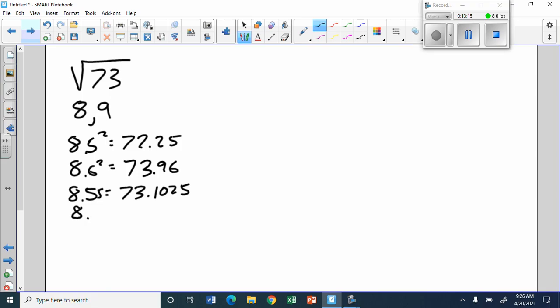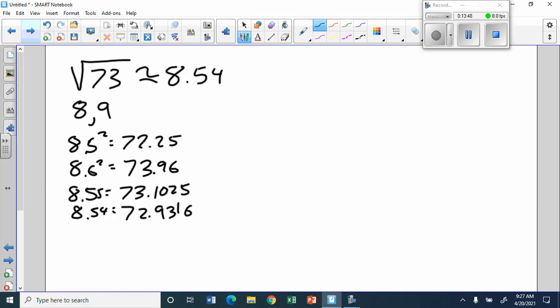That was 8.55. 8.54 times 8.54 is 72.9316. Which one's closer? 8.54, because if I go here, it's 7 hundredths away. This is 1/10 away. So the square root of 73 is about 8.54.